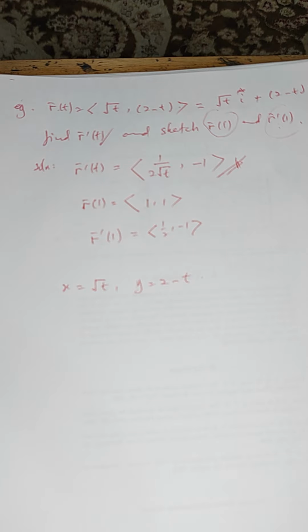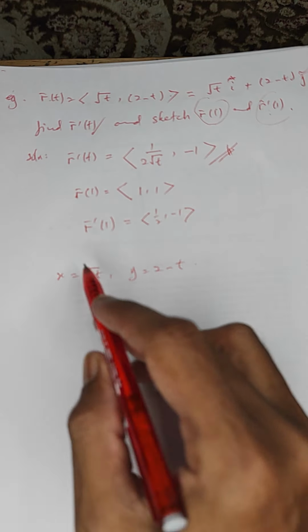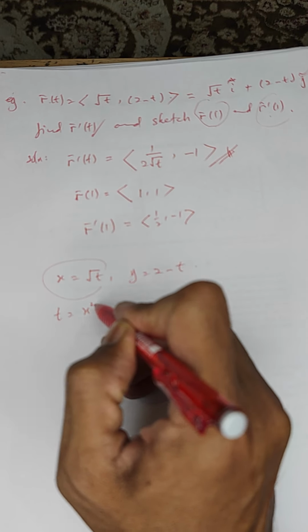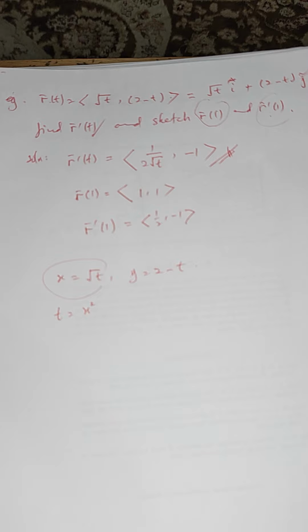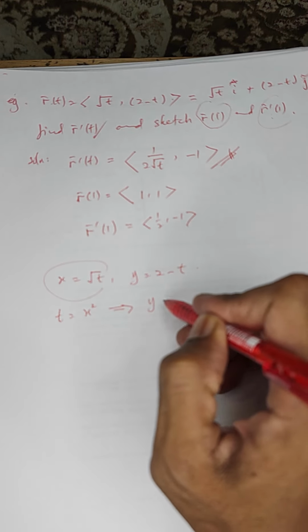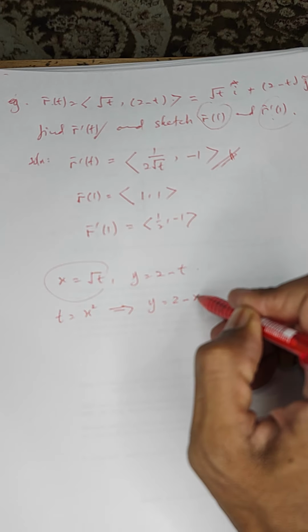From here, t is x squared. Therefore, y is equal to 2 minus x squared.